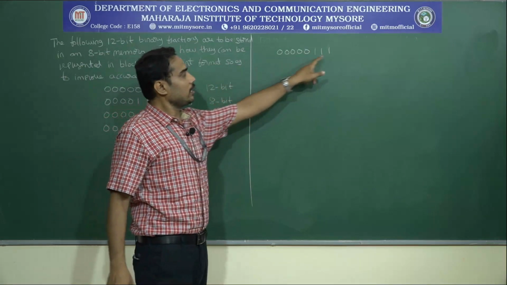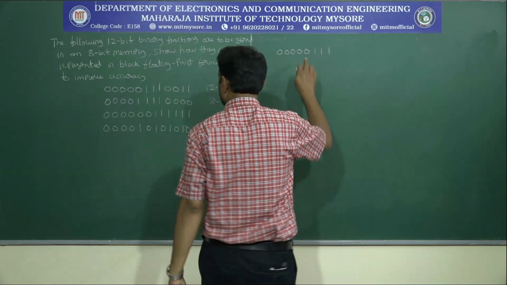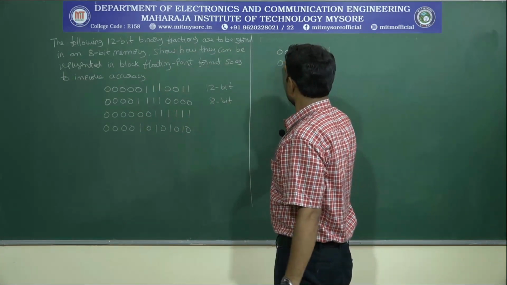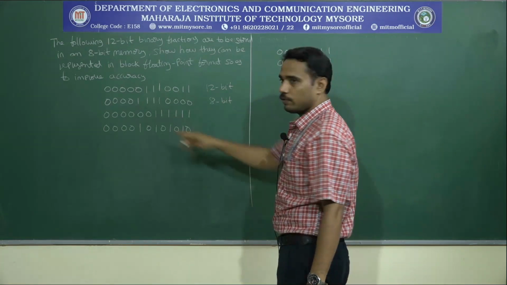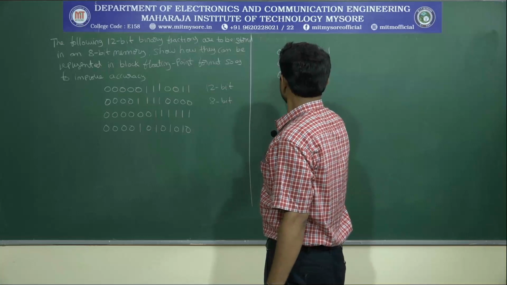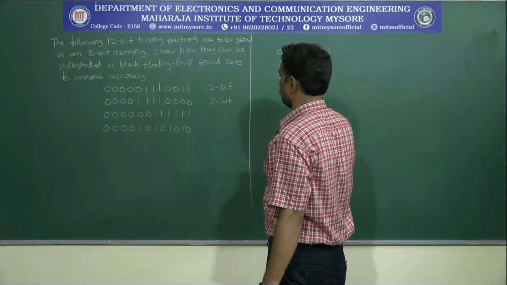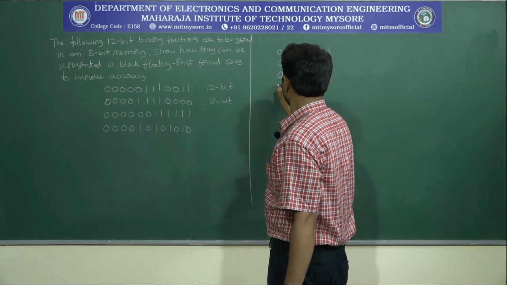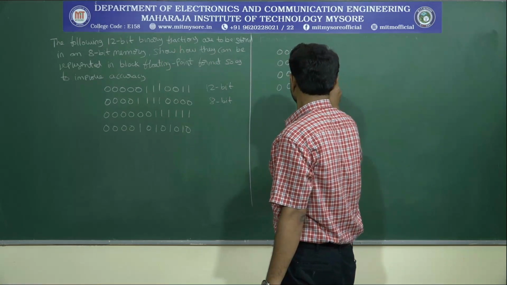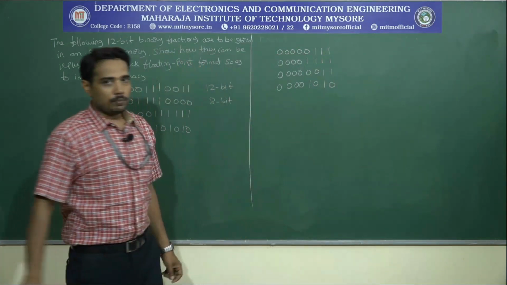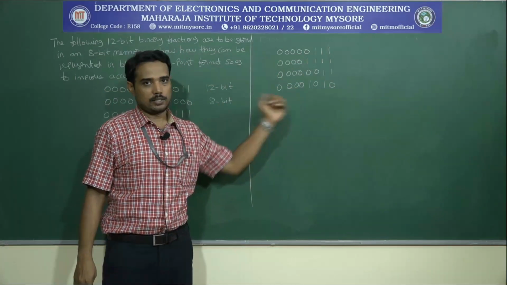That means I can write 5 zeros followed by 111 for the first number, and similarly for the second, the third, and the fourth number. If you want to represent this 12-bit number in terms of 8 bits, then I have to follow this method.